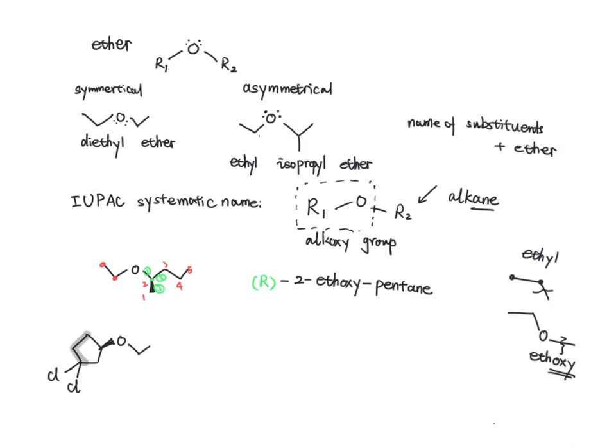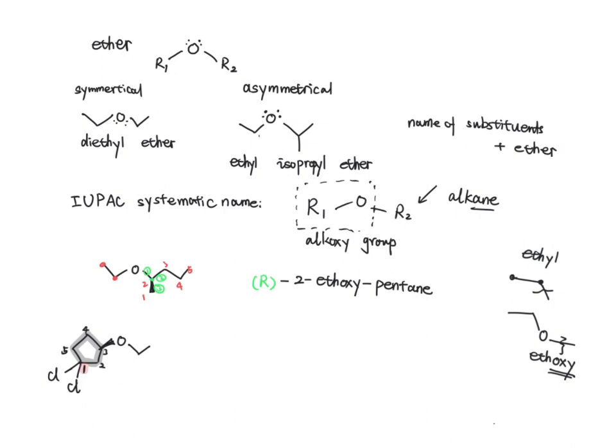So this ring is the parent chain right here. So that is cyclopentane. And now we're going to label the numbers, and always give the lowest number to the substituent as possible. So in this case, we will have 1, 2, 3, 4, 5.